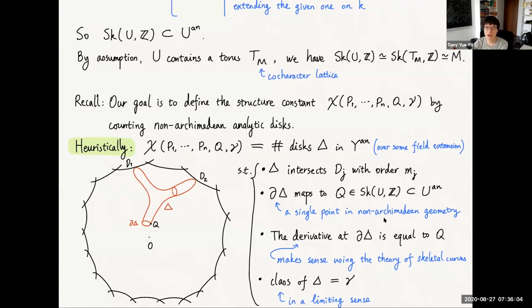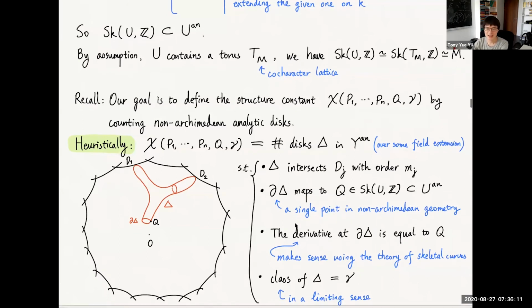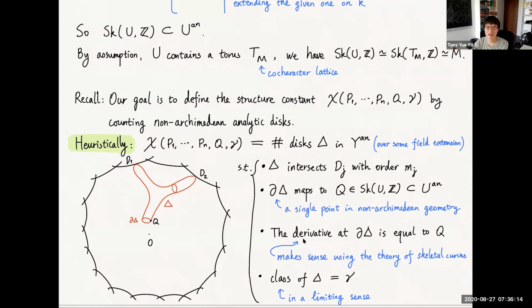In non-Archimedean geometry, the boundary of a disk is actually a single point. Just a remark. The third heuristic condition that we impose is that the derivative at the boundary of the holomorphic disk is equal to Q. We can make sense of the derivative using the theory of so-called skeletal curves.